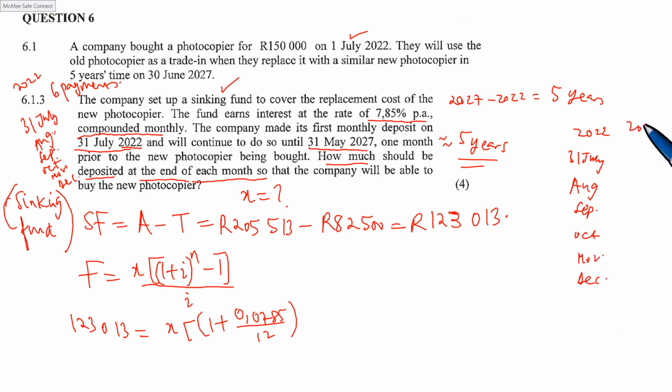And then now you have 2027. So it's January, February, March, April, then it's May.